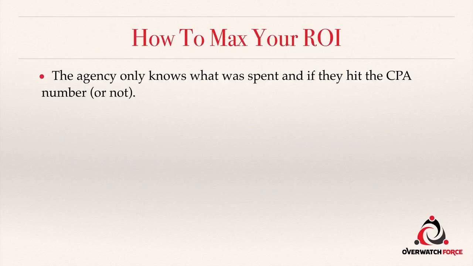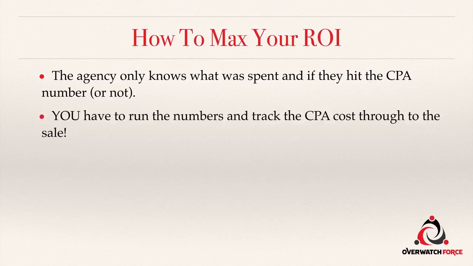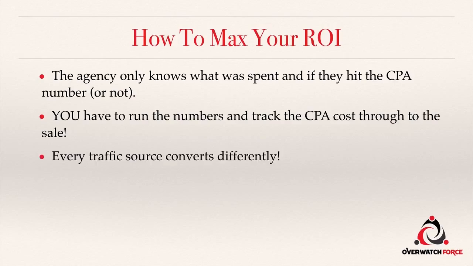So how to maximize your ROI. The agency only knows what was spent. They know what was actually spent in ad spend and if they hit the CPA number or not. That's basically all they know. You've got to run the numbers and track the value. I put CPA cost, but really it's the value of that opt-in all the way through to the sale. Every traffic source converts differently.